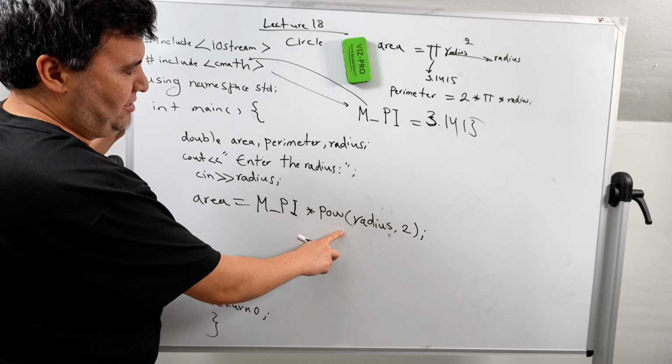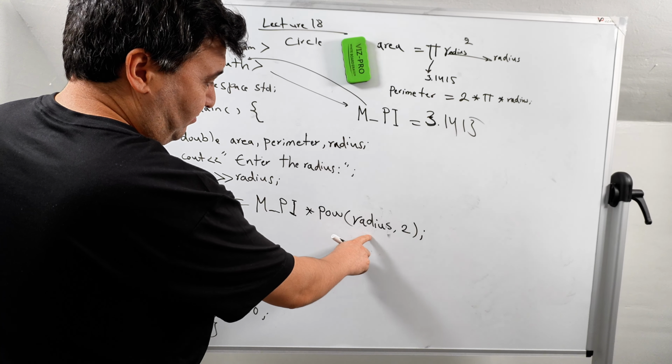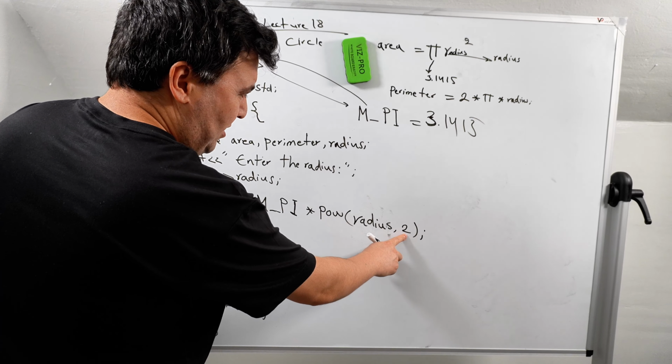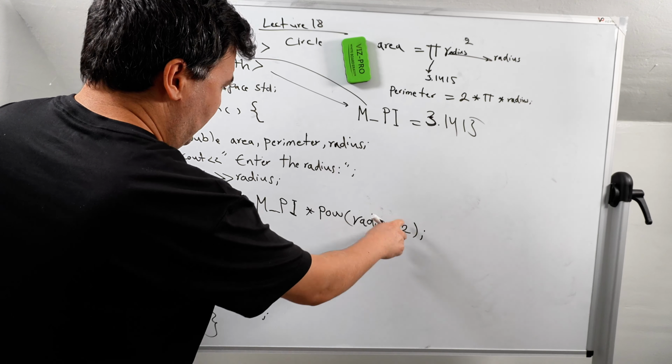This power function takes 2 arguments: the first argument is the radius, and the second argument is the power. So it means radius squared.